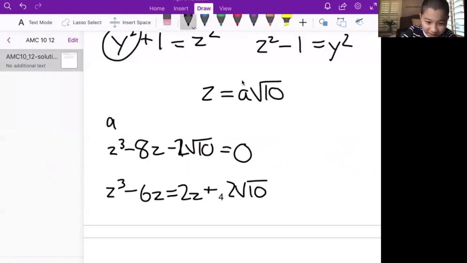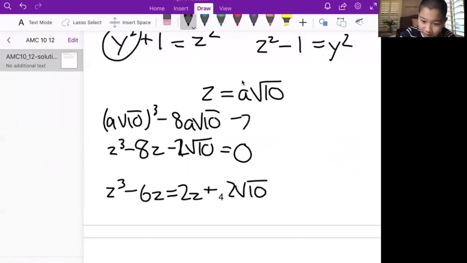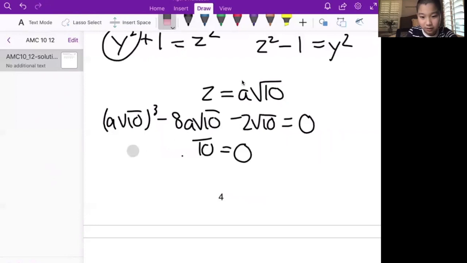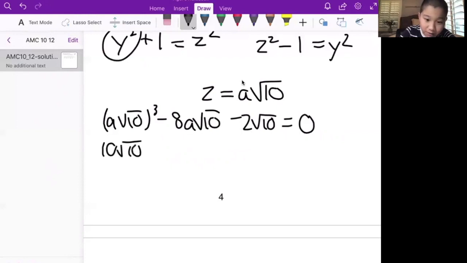So a root 10 cubed minus 8a root 10 minus 2 root 10 equals 0. And then let's clear some more space. Then we'll get root 10 cubed is 10 root 10. Actually, maybe I should just do it for you.